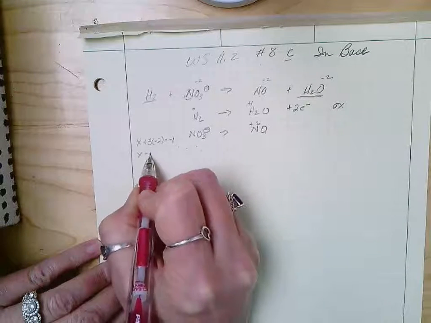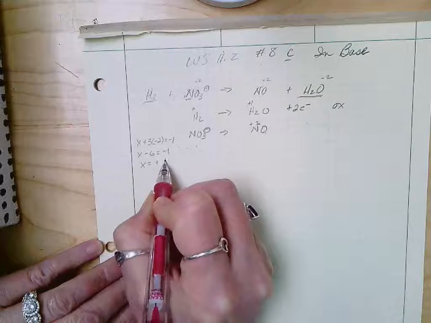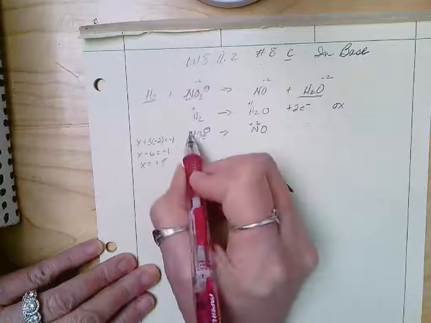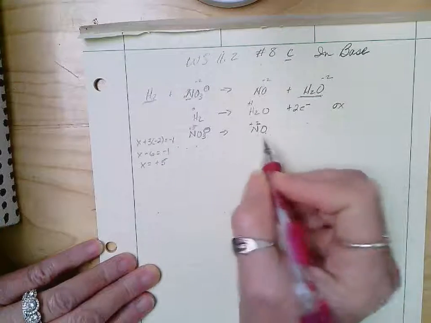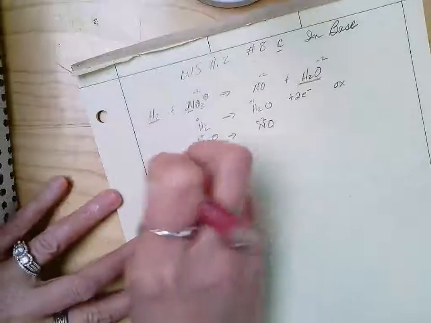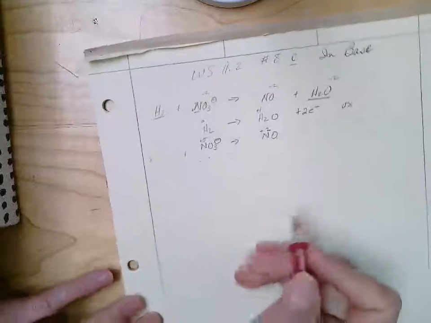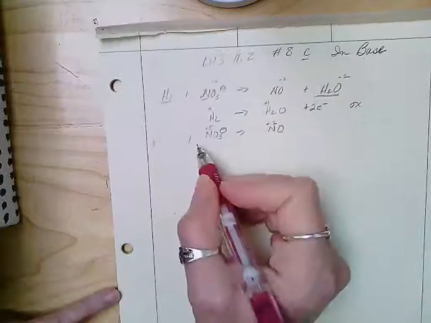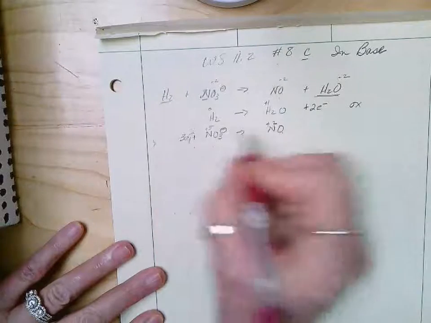So x minus 6 equals -1. So x equals +5. So this went from +5 to +2. I'm just going to erase my work so I have more room over here. It means that going from +5 to +2, it gained 3 electrons.